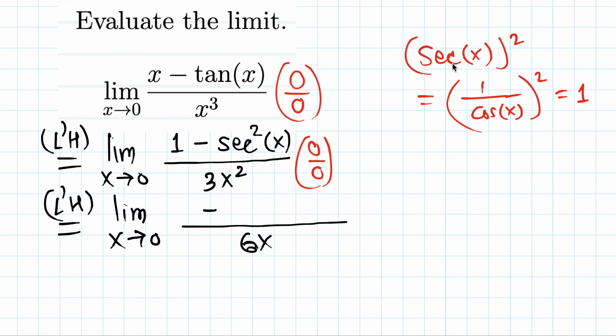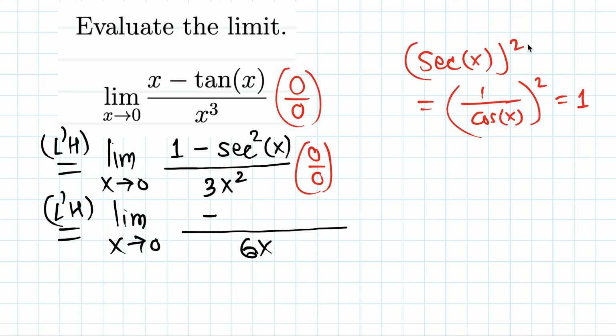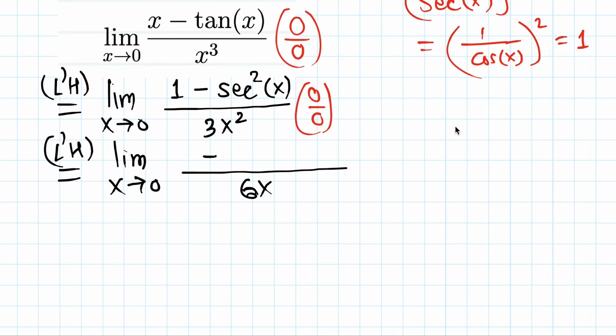We know that secant squared x is secant x squared. Something is squared, so when we find its derivative, it's the power rule combined with the chain rule. If we think of x squared, the derivative would be 2x, right?